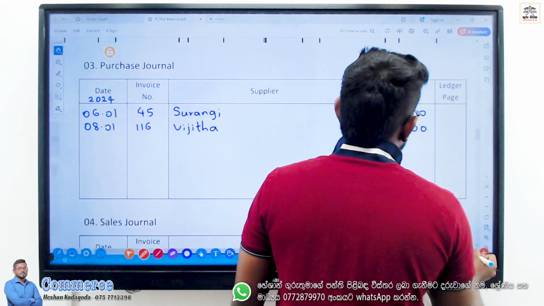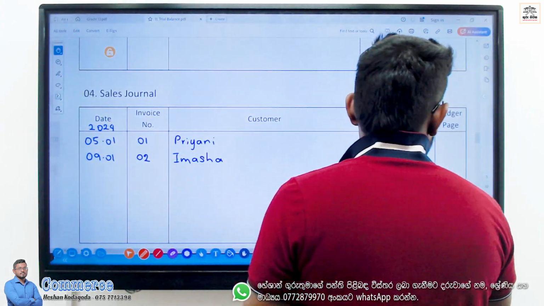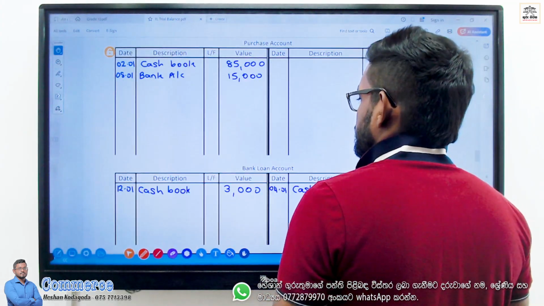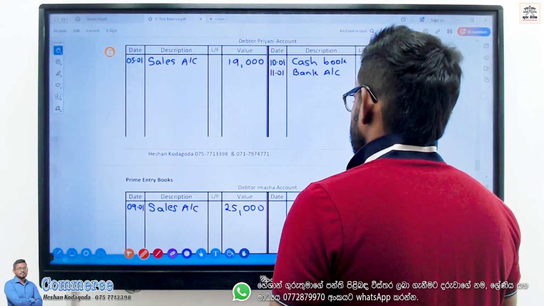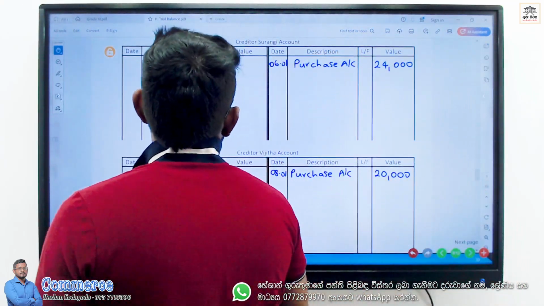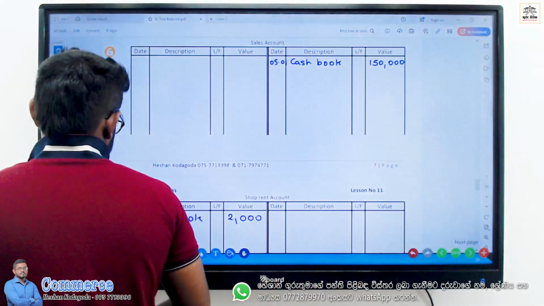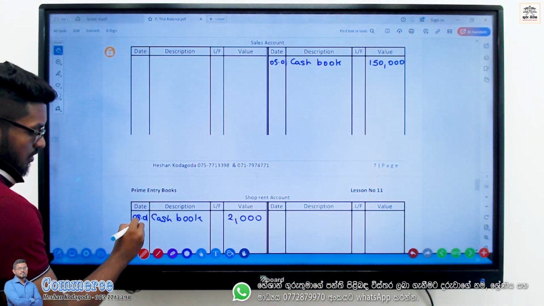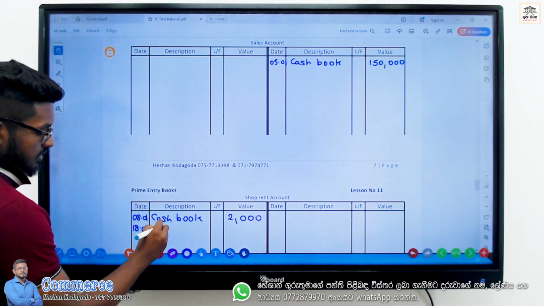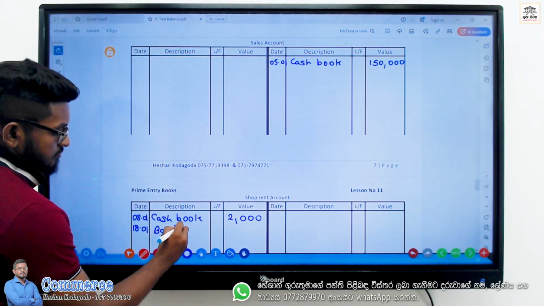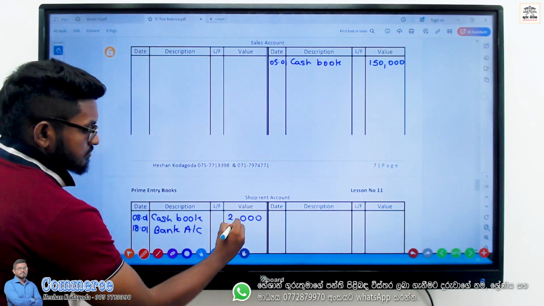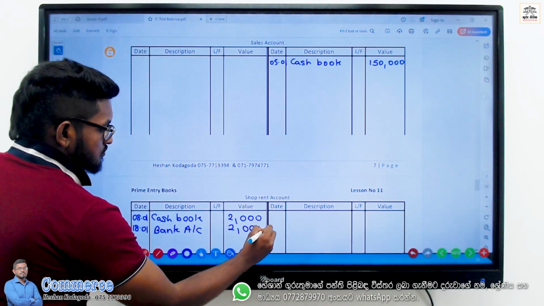Go to the rent account debit side. Eighteenth of January, bank account, 2,000.